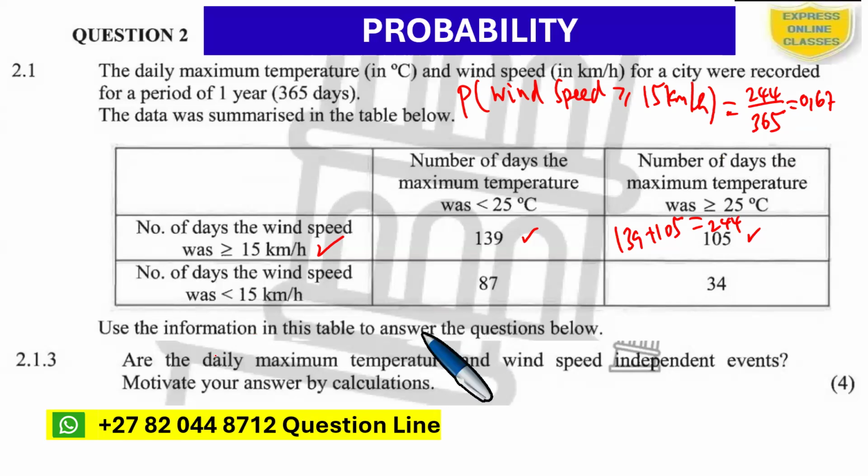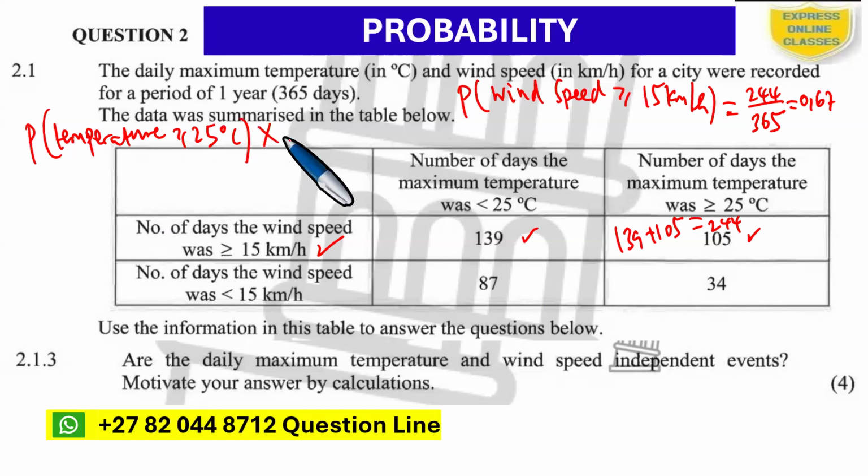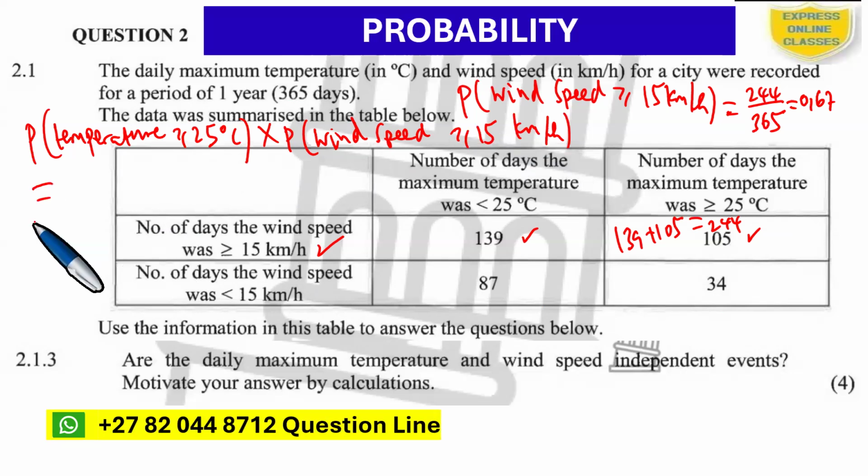You simultaneously proceed to compute the following. Whenever you are dealing with the probability of temperature that is at least 25 degrees Celsius and the probability of wind speed at least 15 kilometers per hour, what is the probability of at least 25 degrees Celsius?